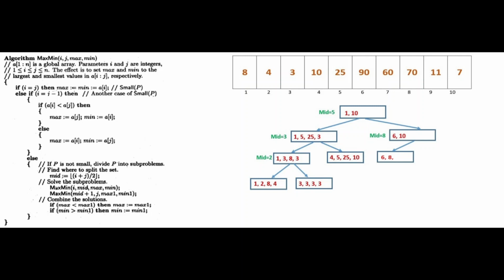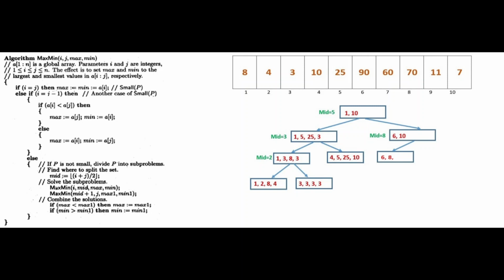Now we are at the beginning of a new recursive call with the values 6 and 8. i is equal to 6, j is equal to 8. We have to find the maximum and minimum value from A of 6 to 8. A of 6 is 90, A of 7 is 60, A of 8 is 70.